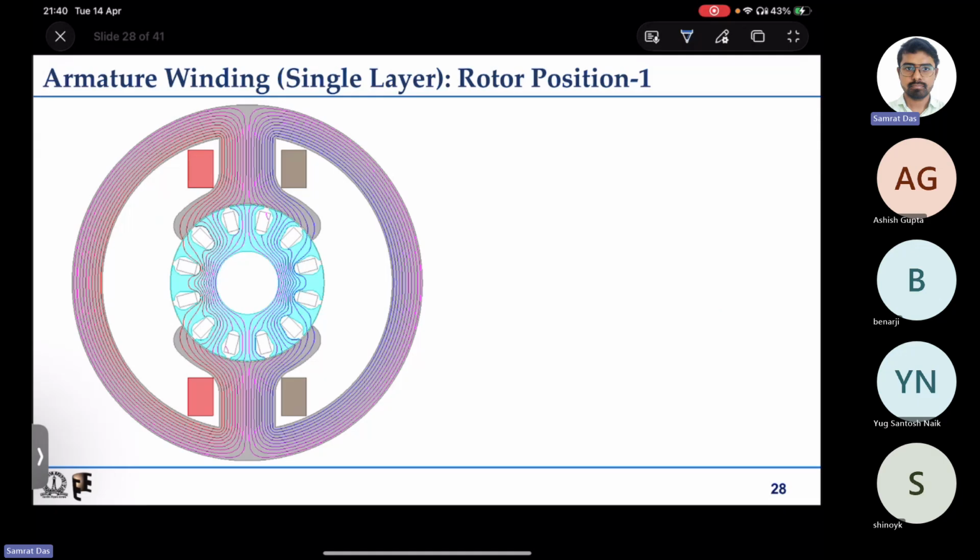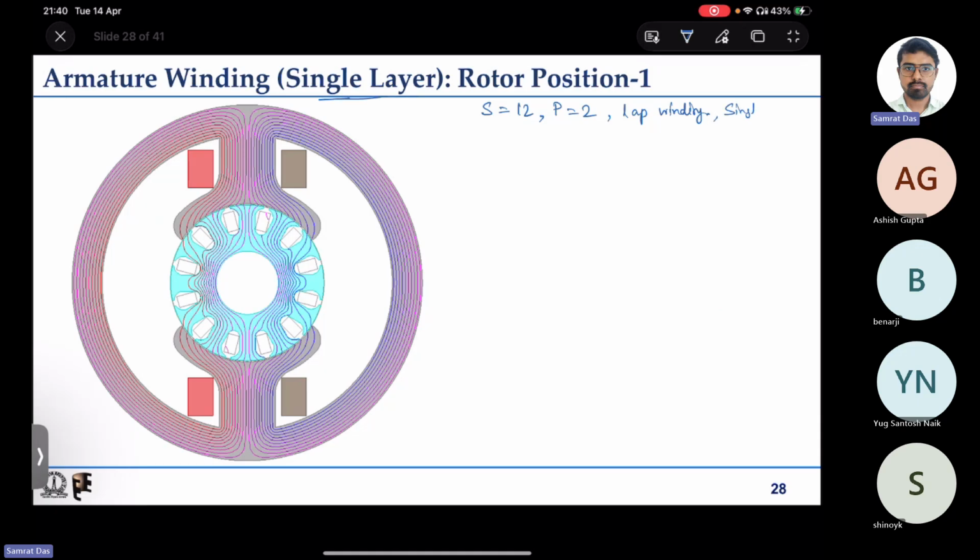So yesterday we had a brief discussion on armature winding. We are discussing with respect to this machine only. It has 12 slots. It is a two pole machine, and we consider lap winding. For the first case it is a single layer winding.